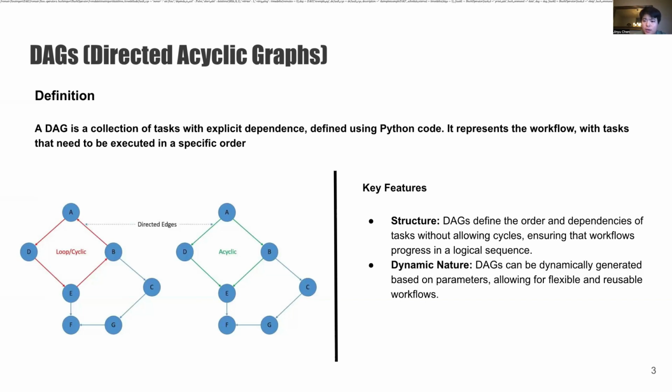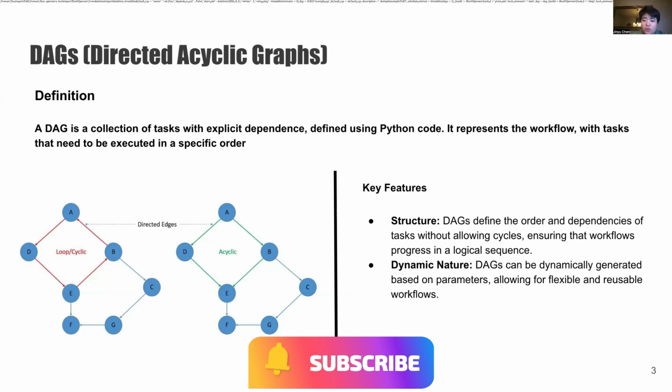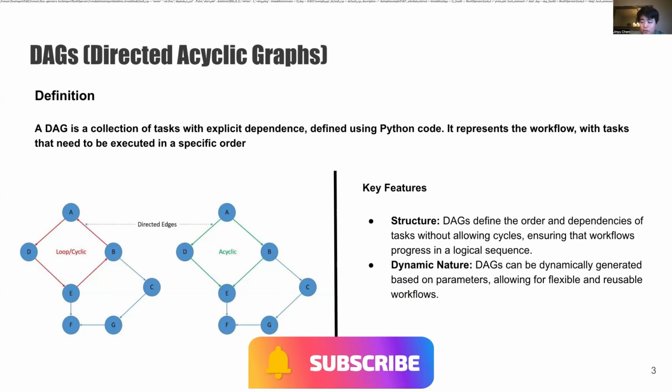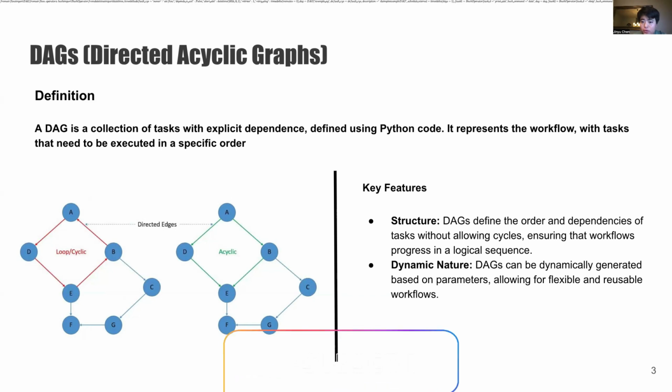DAGs can be dynamically generated based on parameters, allowing for flexible and reusable workflows. If you have any questions about dynamic nature, please leave your comments under this video. I'm going to reply to you with the details.